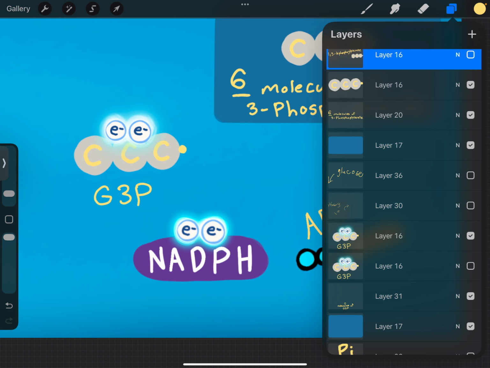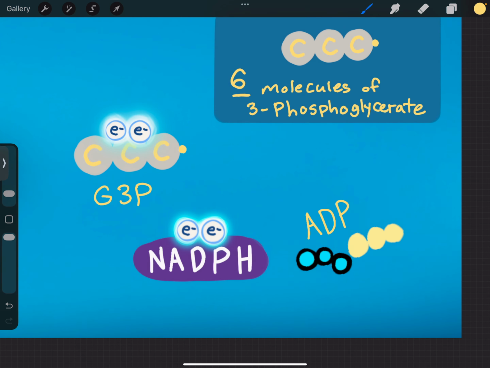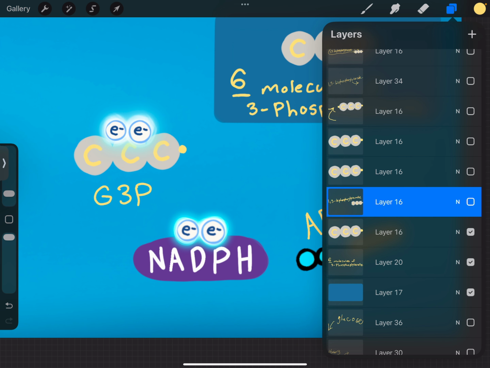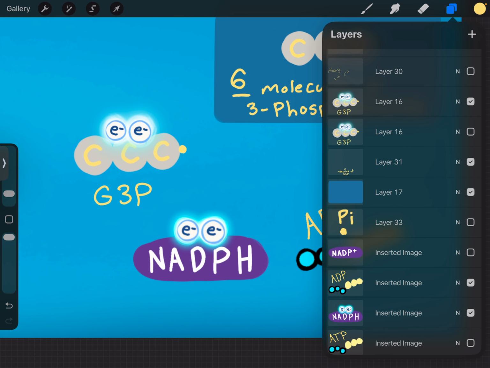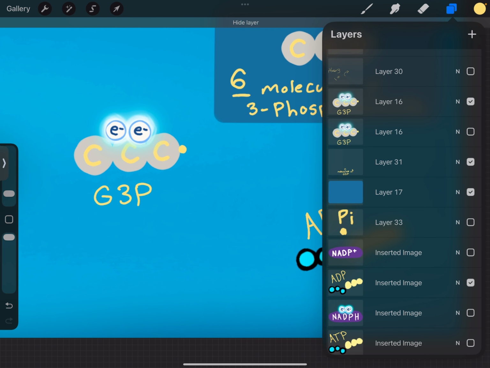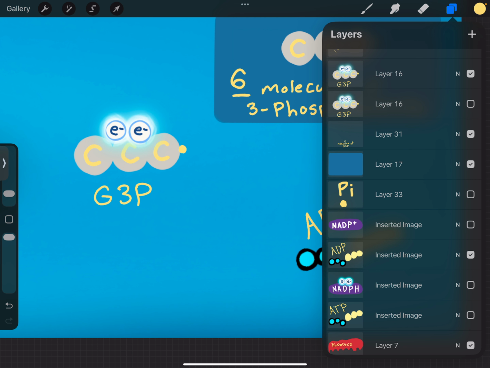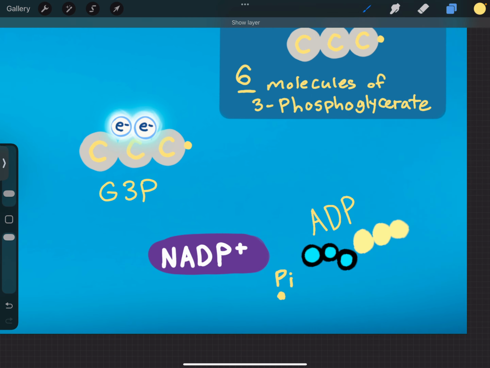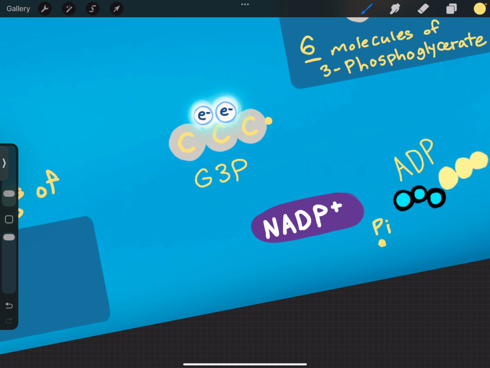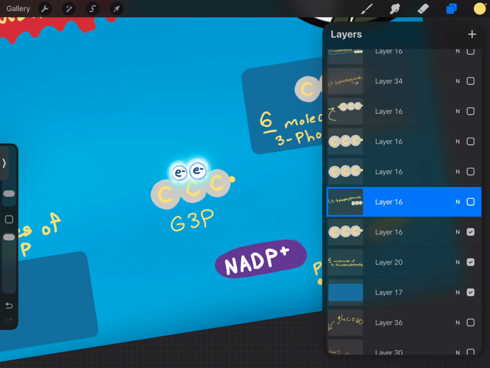So here he is, G3P. And then, as a result of this step, a phosphate ion and NADP plus are byproducts of this step.